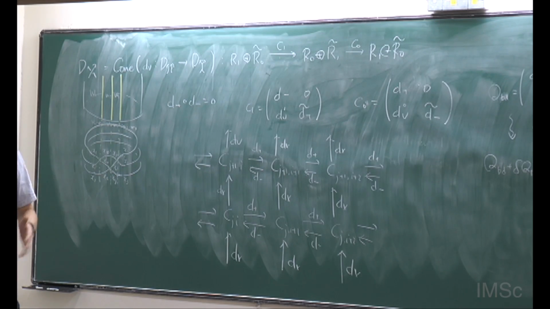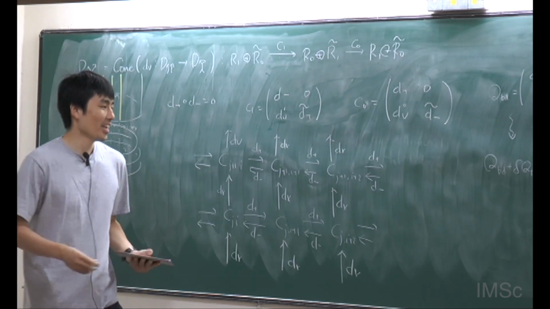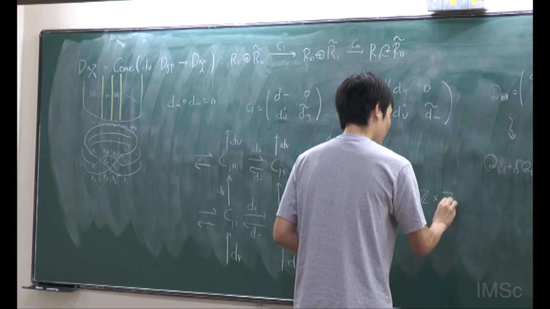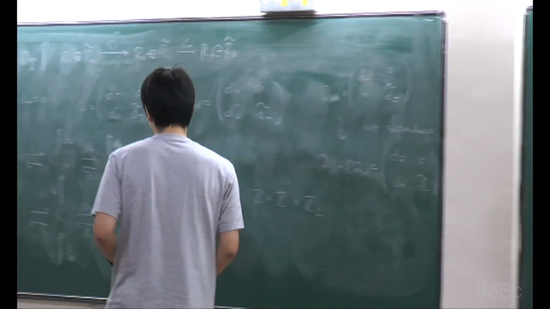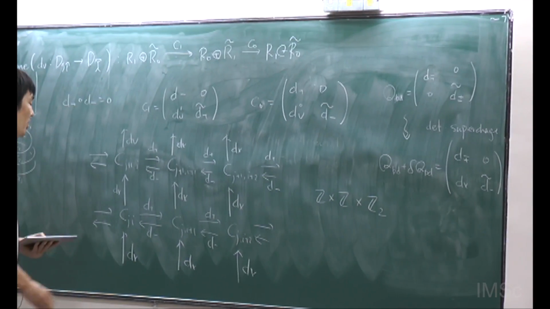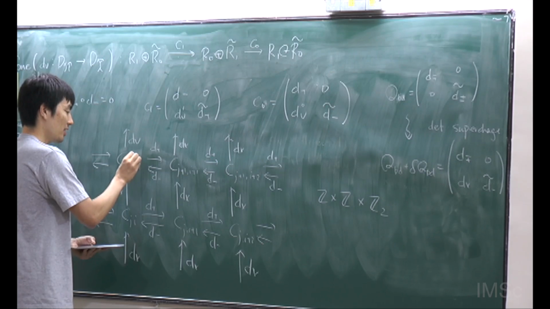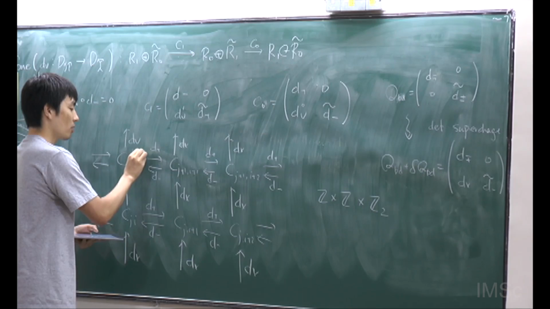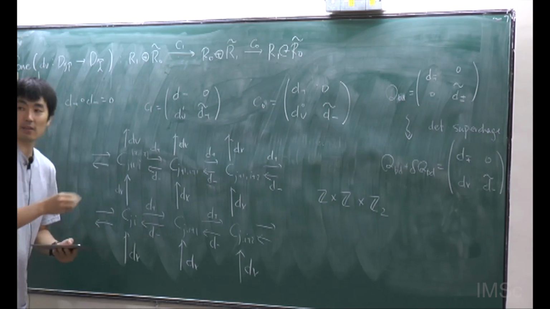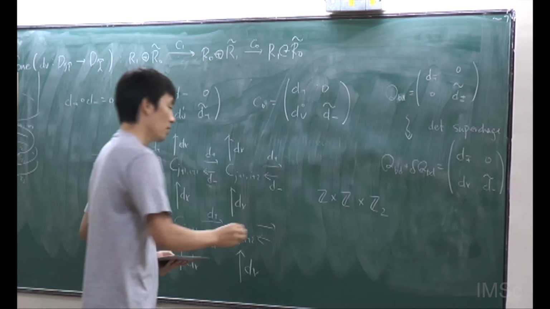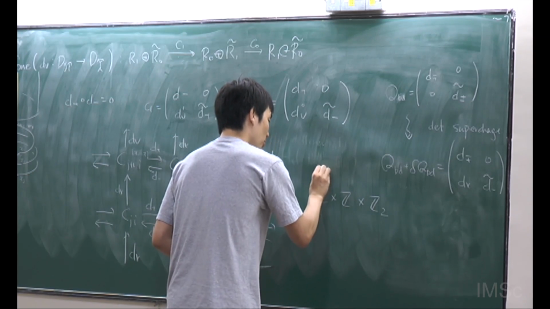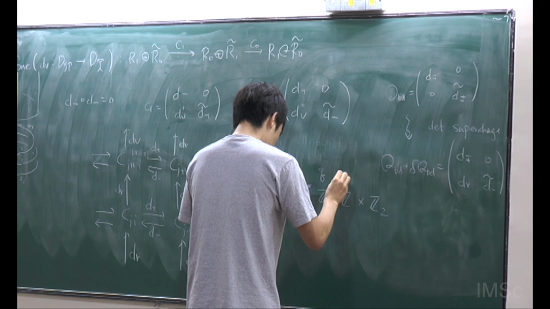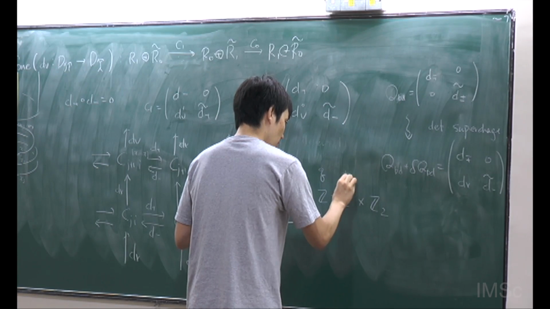Oh, okay. I will explain to you. This one is graded by Z cross Z2. It depends on the variables x1, and so on, the chiral fields, and I will say Q and QT.